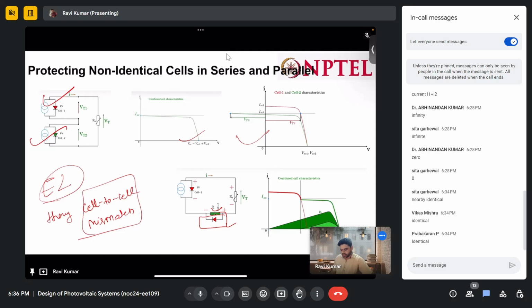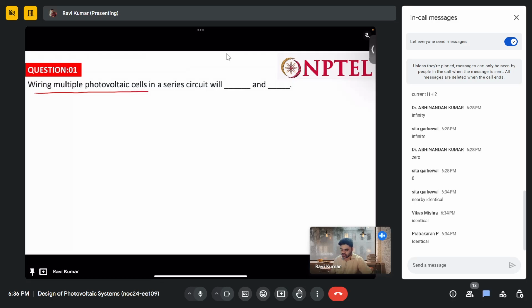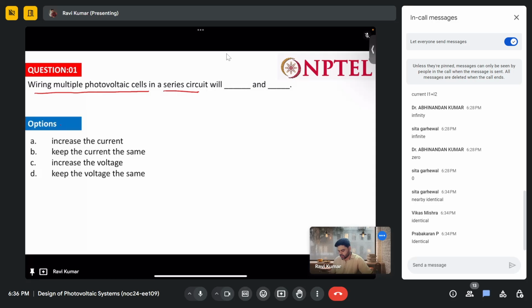Okay, now let's move to some questions. The first question says, if we are wiring multiple photovoltaic cells in series, then what will be the answer here? There are two blank spaces and you need to choose two options.